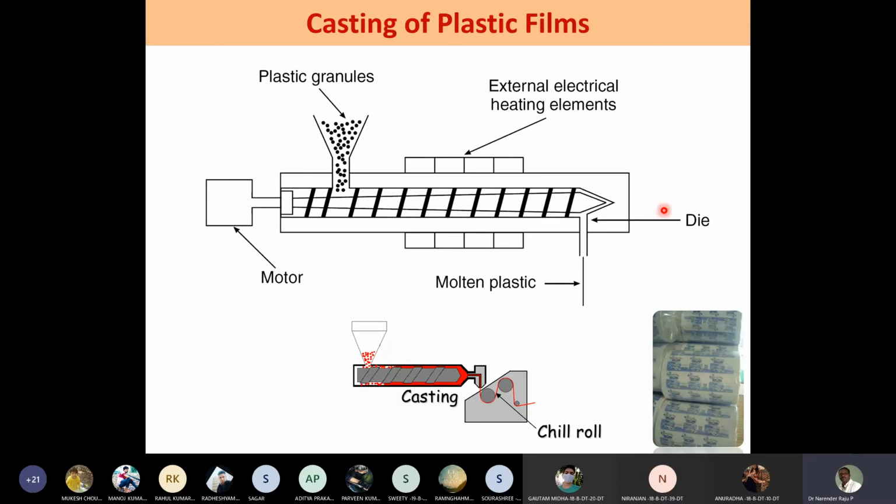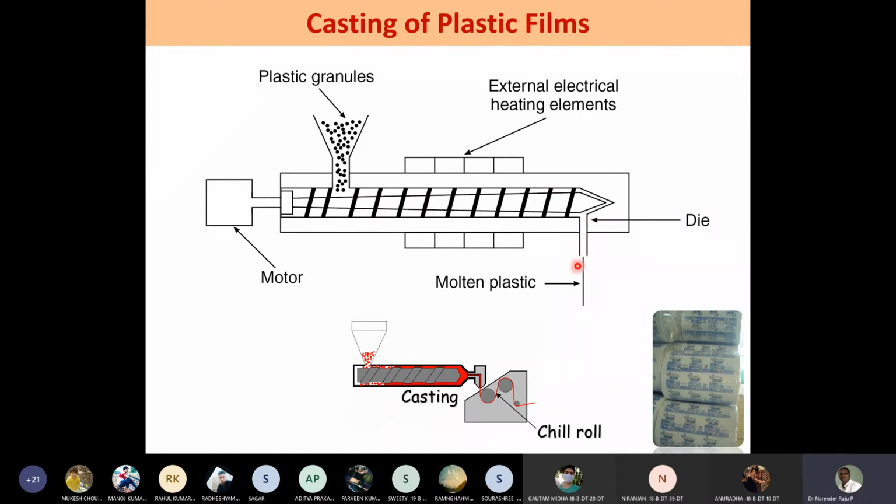Look at this. A simple plastic extruder fed with plastic granules, right? Similar to a food extruder, the material is passed from one end to the other, but the die structure and nature will be totally different. The screw design will be totally different from what we use in food products extrusion.